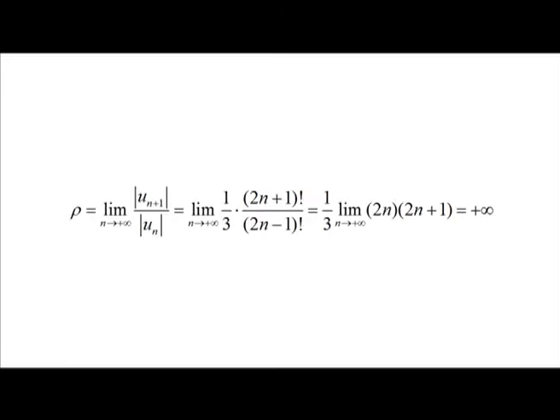Thus, rho equals the limit of |u_(n+1)| / |u_n| as n approaches infinity, which is equal to the limit of (1/3)(2n+1)! / (2n-1)! as n approaches infinity, which is equal to 1/3 times the limit of 2n(2n+1) as n approaches infinity, which is equal to infinity. Hence, by ratio test for absolute convergence, the given series diverges.